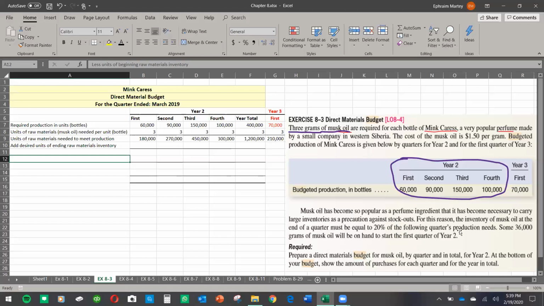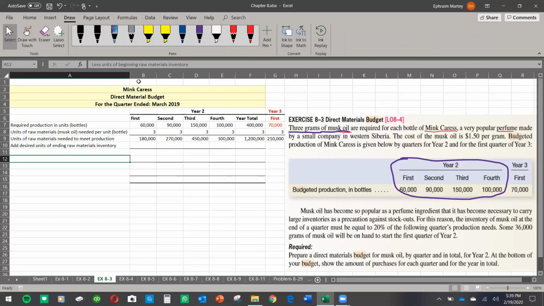For this reason, the inventory of mask oil at the end of a quarter must be equal to, so pay attention here, 20% of the following quarter.